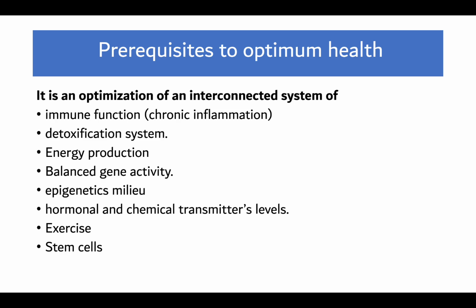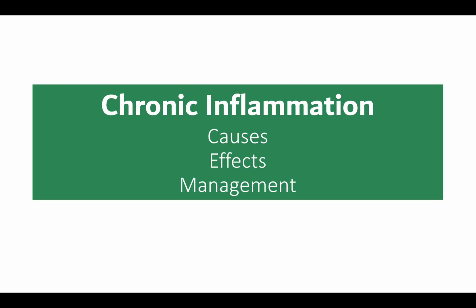Both of them are in the wrong direction. We will go to this during our presentation. And the epigenetic milieu, epigenetics means the forces that control the gene. We will talk about this also. Regarding the hormones and chemical transmitter levels, exercise and stem cells, we will keep it for the next presentation.